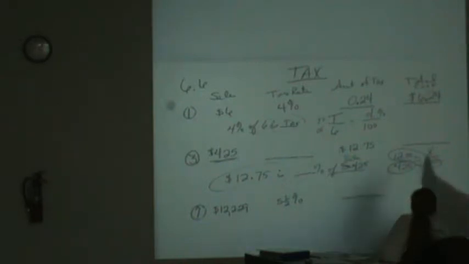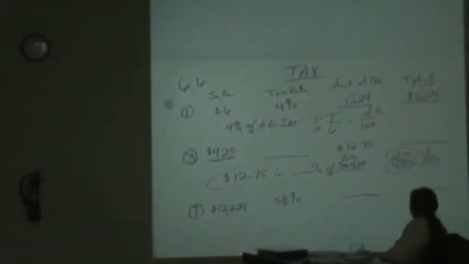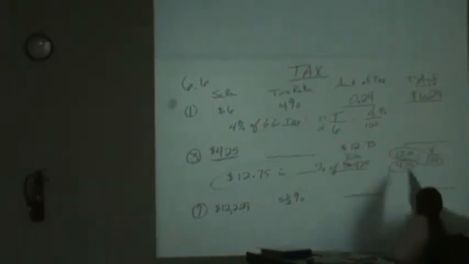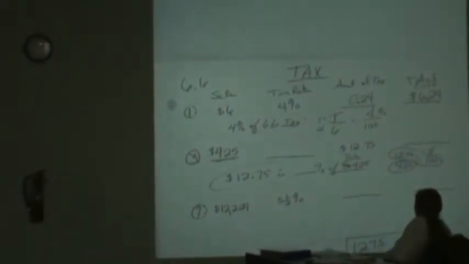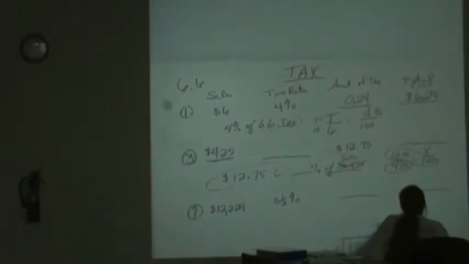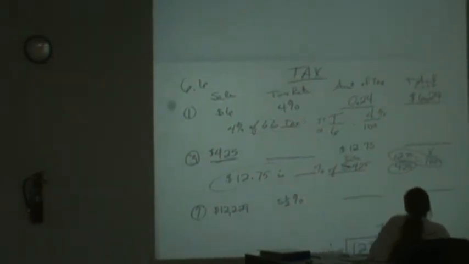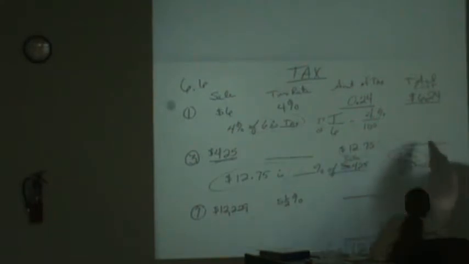Okay. So 12.75 times 100 is 1275. Divide that by 425. Looks like 3, huh? 3 times 5, 15. 6 and 1 is 7. 3 times 4 is 12. It's exactly 3.